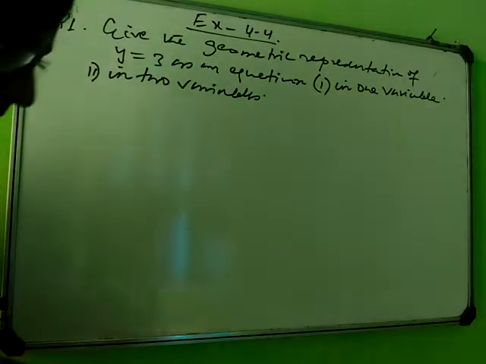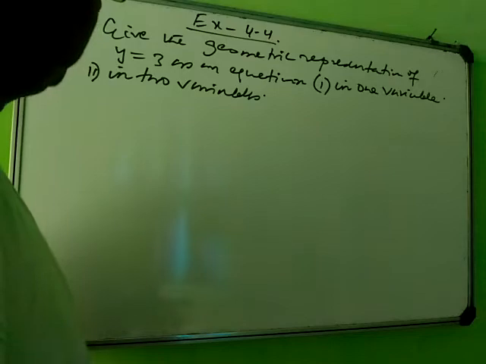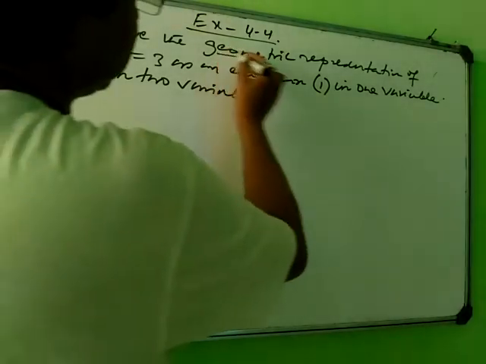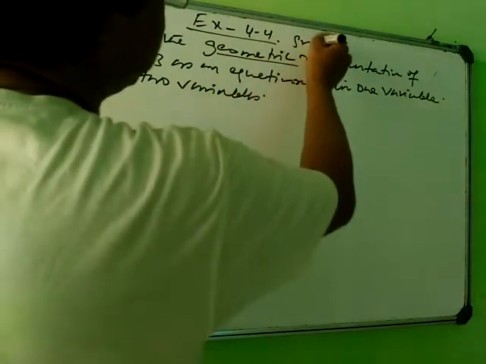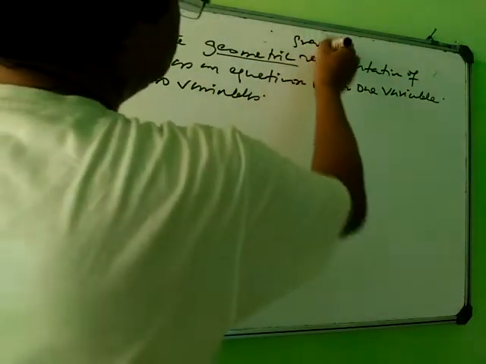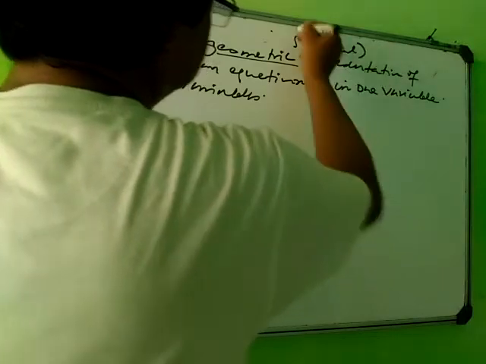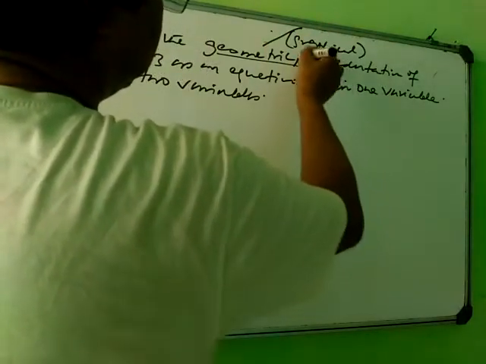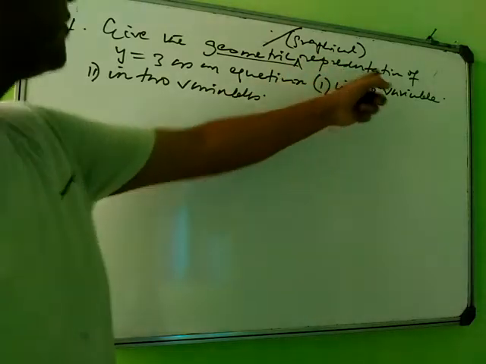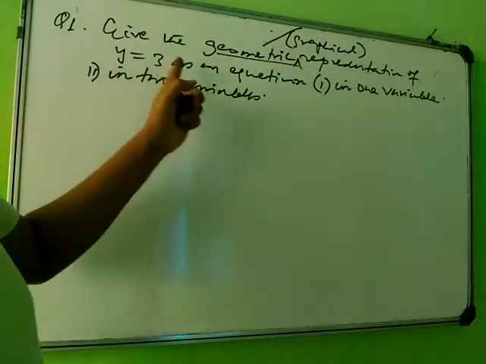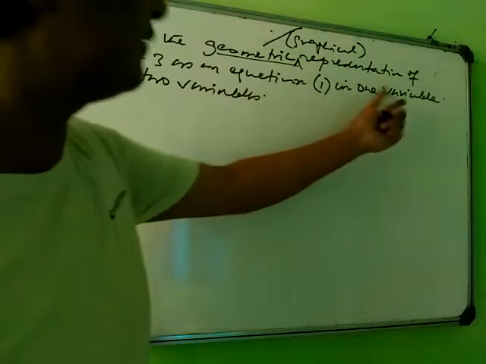Now just listen attentively. Here, geometric always you take as graphical. Geometric means graphical. Geometric or graphical representation of y equals 3 as an equation in one variable.